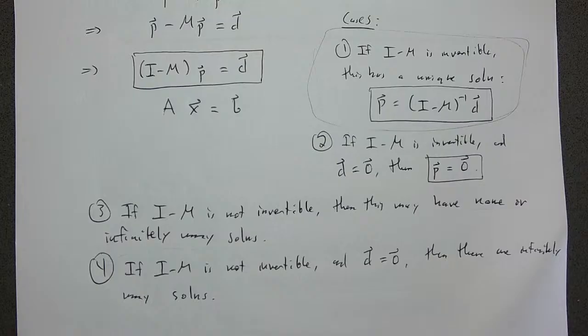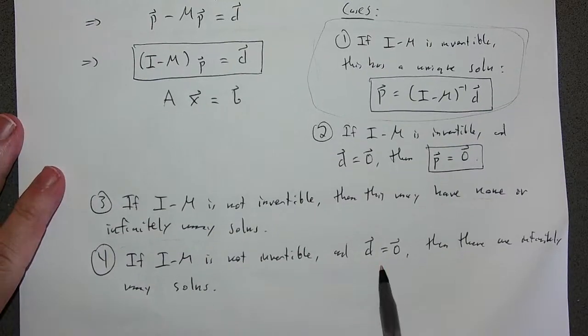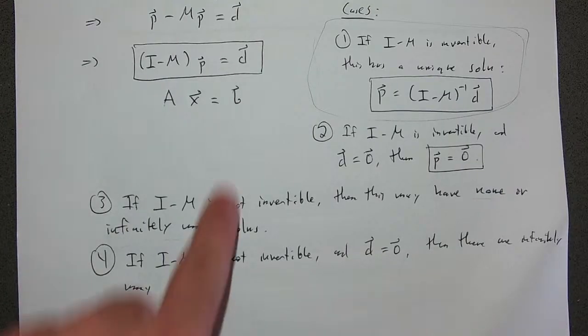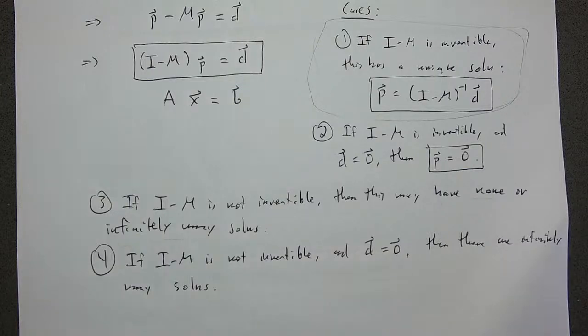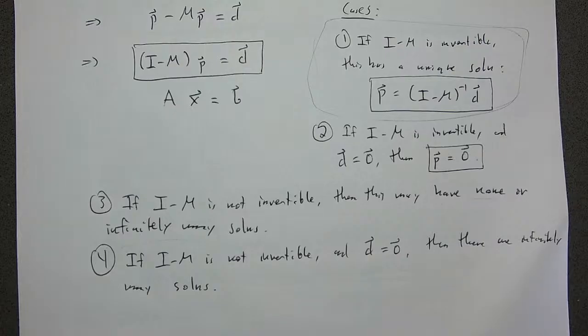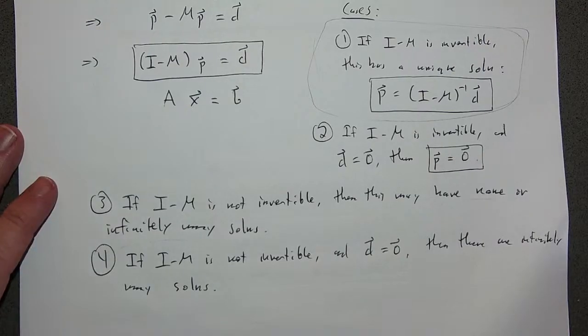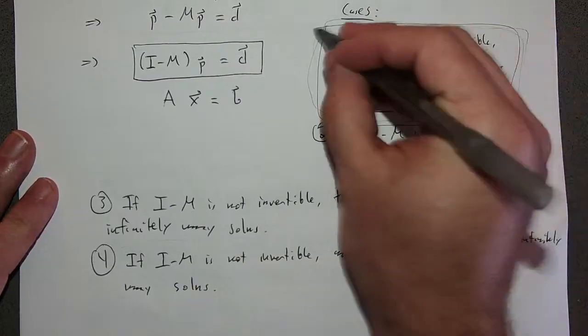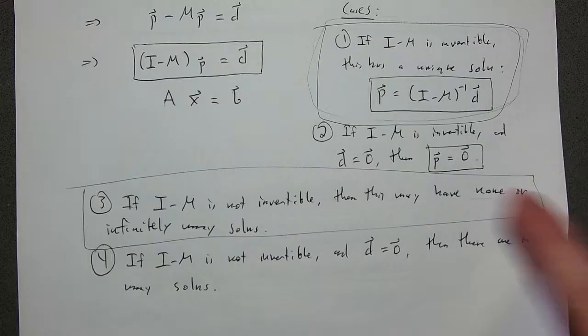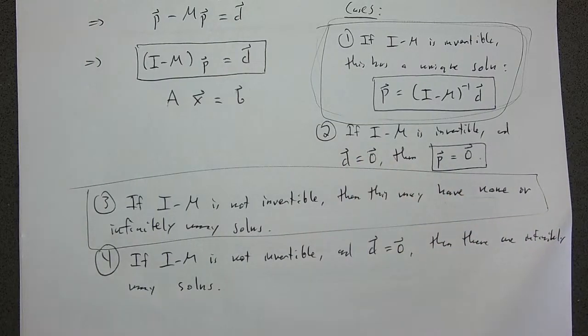This is just how it goes when you have a non-invertible, or singular, matrix on the left. Of course, if it's not invertible and the external demand vector is 0, then there are infinitely many solutions. We know it has at least one solution, because this is now a homogeneous matrix equation. Since it has one, it has to have infinitely many, because unique is out, because it's singular. So the primary cases are: it's invertible or it's not. Those are basically the two big cases. These are the cases where you have a closed economy.